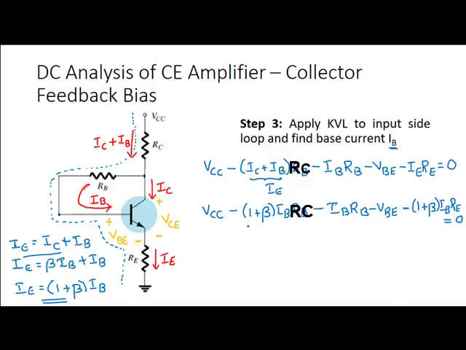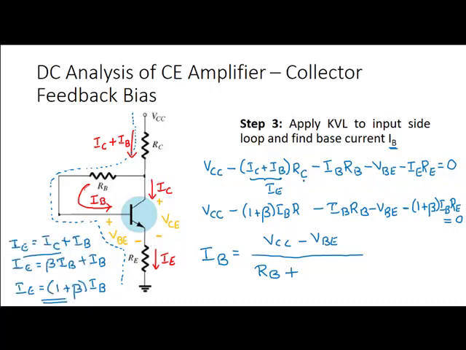So let me rearrange all the terms and write the expression for IB. We have IB is equal to VCC minus VBE in the numerator. Taking IB common and rearranging the terms, I'll get the expression like this. So RB plus, I'm so sorry, this is RC, not RB.